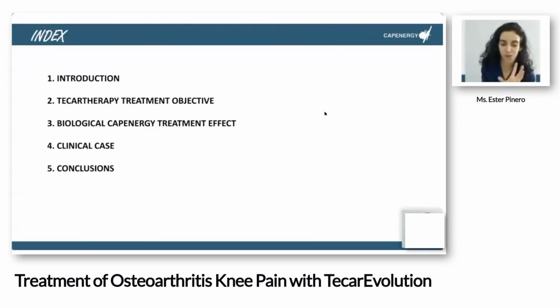We are going to talk a little bit of an introduction of the pathology, the TECAR therapy treatment objectives, what it's useful for, and the biological Capnergy treatment effect. We want to know the physiology, why TECAR therapy is useful for osteoarthritis, arthritis of the knee pain.